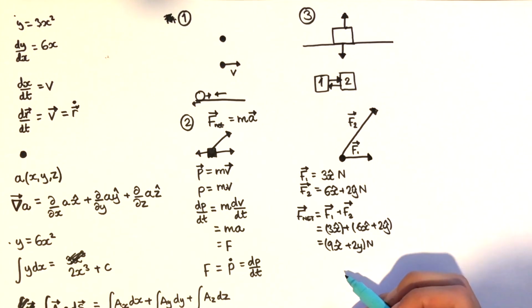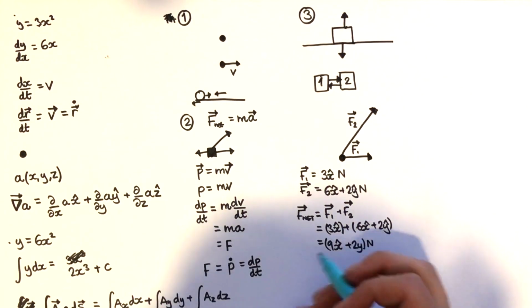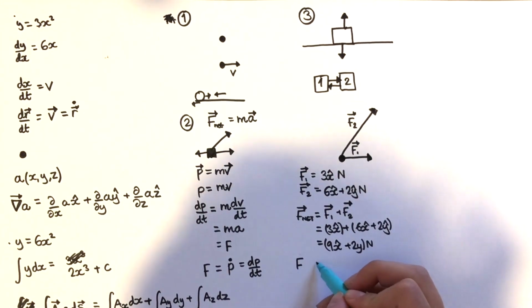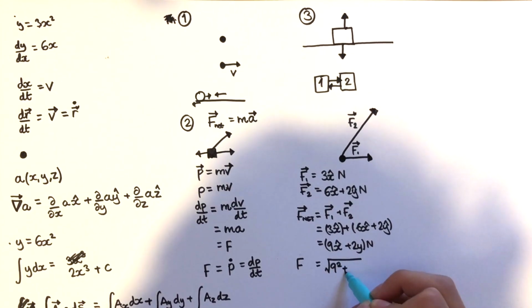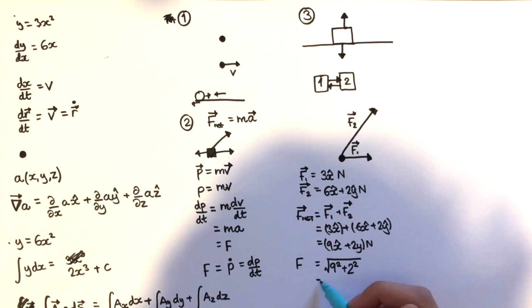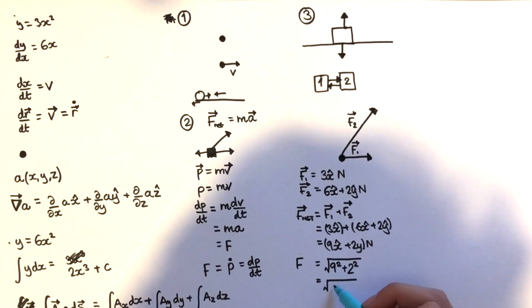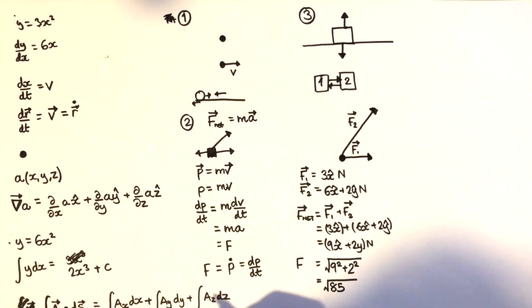But supposing you wanted to find the magnitude and direction of this force. Well, that's fairly easy to do. The magnitude of the force is simply the square root of the x component squared plus the y component squared, so we have the square root of 85, which you could evaluate on your calculator.